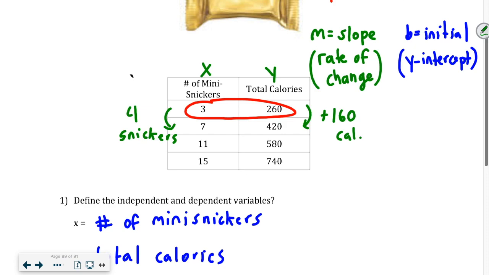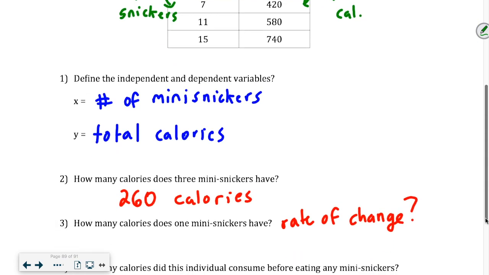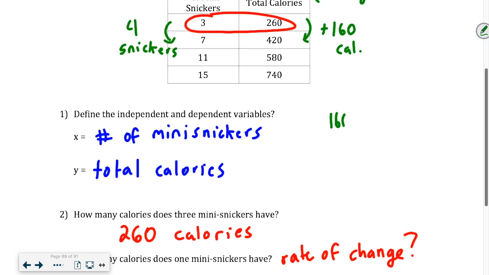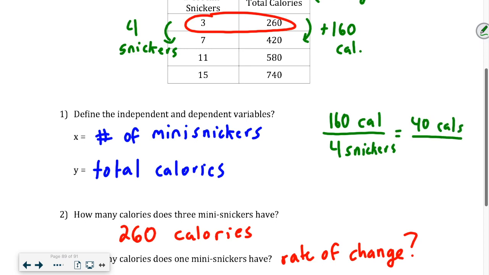All right, so let's write that as our rate of change down here, or even on the side work here. We can do 160 calories over 4 Snickers. Go ahead and divide those. That gives you about 40 calories per 1 Snicker.